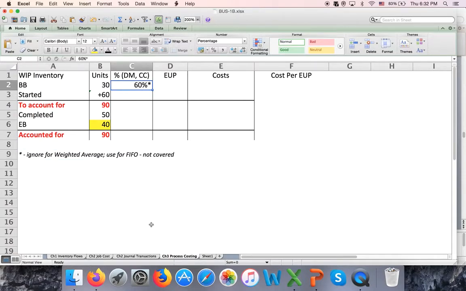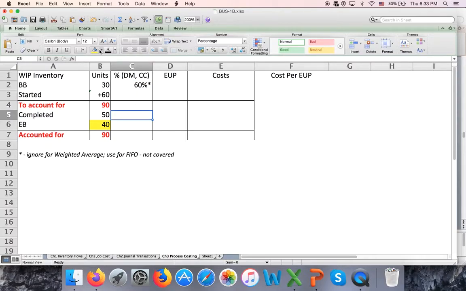If you're given beginning balance percentage completeness, we don't need to use it. When you're using the weighted average, and that's the only method you're going to use in this chapter, you just ignore it. Don't worry about it. You would use it if you had to use FIFO, and we're not covering it. You will cover it if you take cost accounting, right?